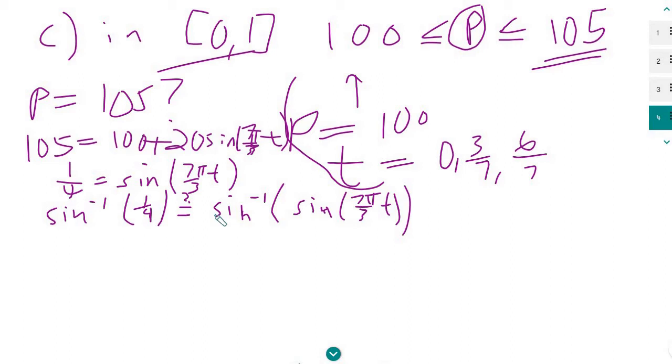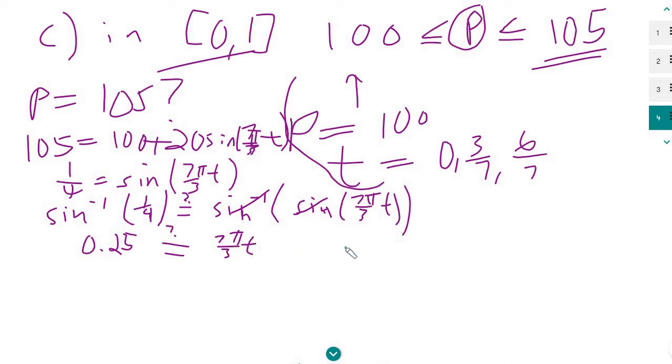I got a decimal value that rounds to 2 decimal places to 0.25. So 0.25 is one answer for what the inside of the sine function, the 7 pi over 3 t, has to be equal to.